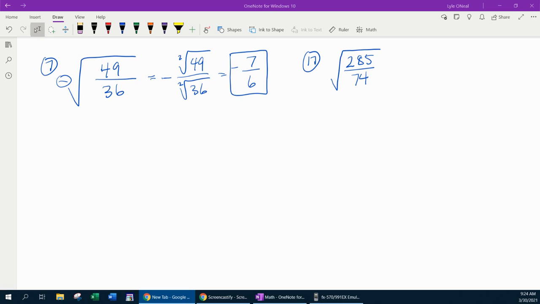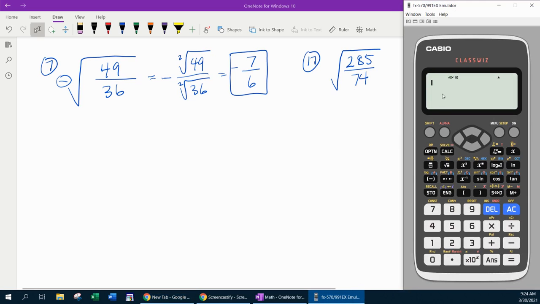Our next example from the text, number 17, the instructions ask us to approximate the radical expression rounded to 3 decimal places. The way you approximate a radical expression is with a scientific or graphing calculator, and the ClassWiz is a fantastic tool for this job.